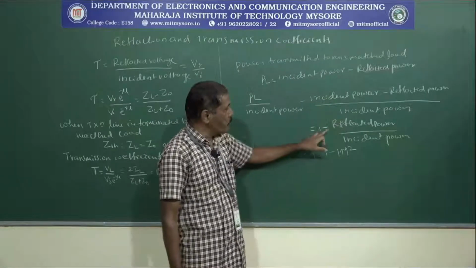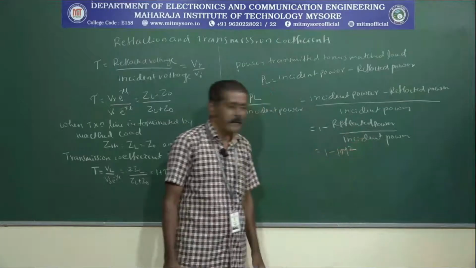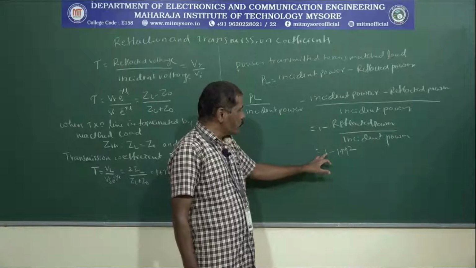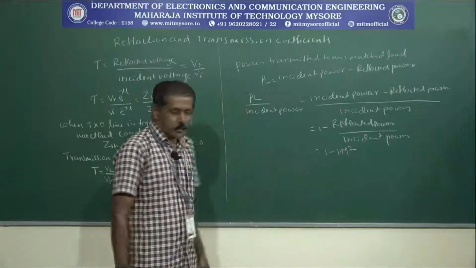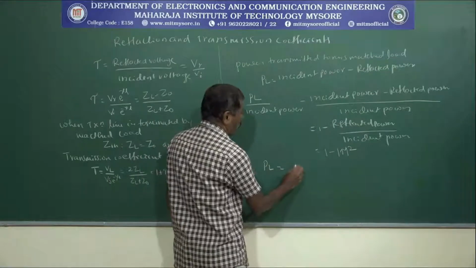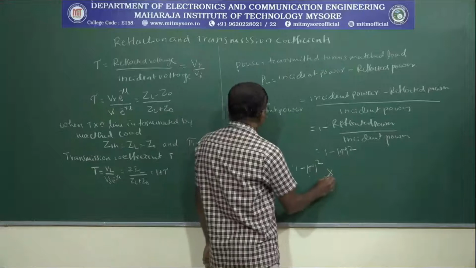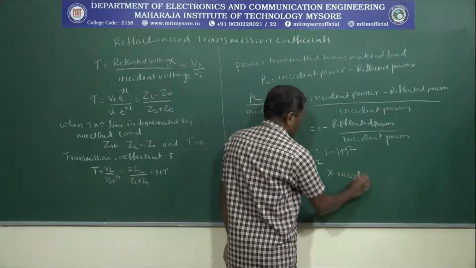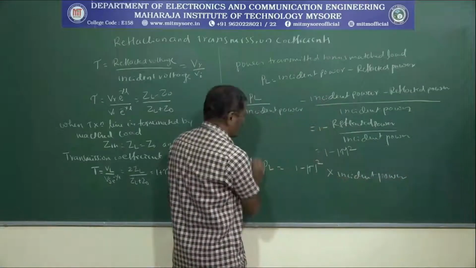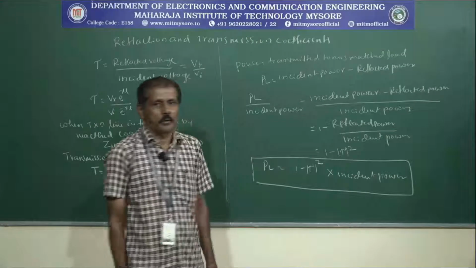Here incident power divided by incident power is going to be 1, and you know that reflected power divided by incident power is nothing but tau squared. So this is equal to 1 minus tau squared. Then you can write it as PL equals (1 − tau squared) times incident power. This is the power which is delivered to the load.